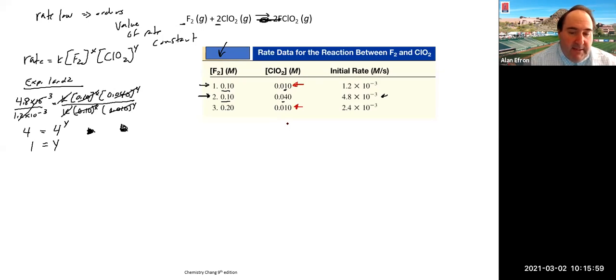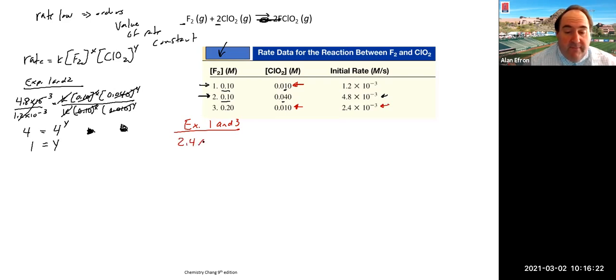So we'll look at those two, experiments 1 and 3. Like the question was just asked, you don't necessarily have to do it this way, but I'm going to go with the larger rate value up on top. So I'm going to put everything for number 3 up there on the top.